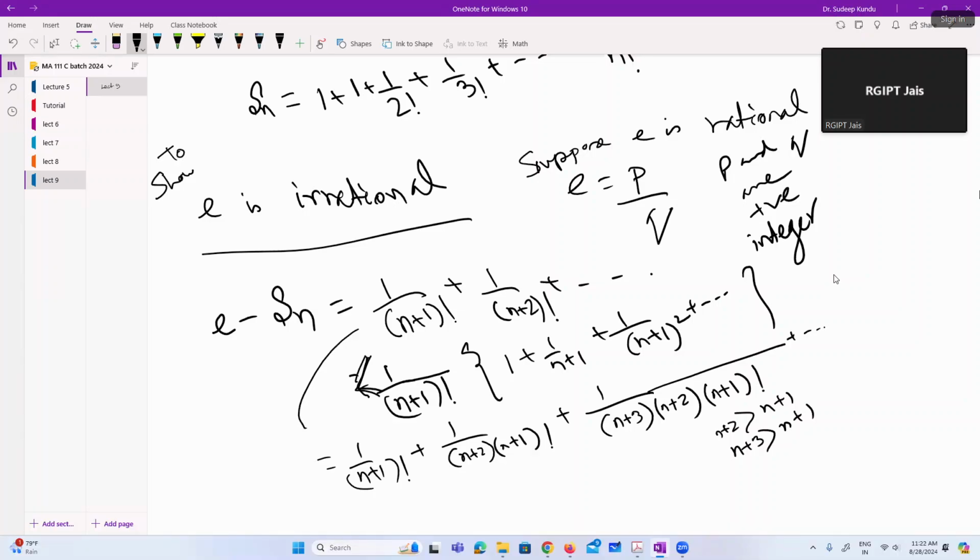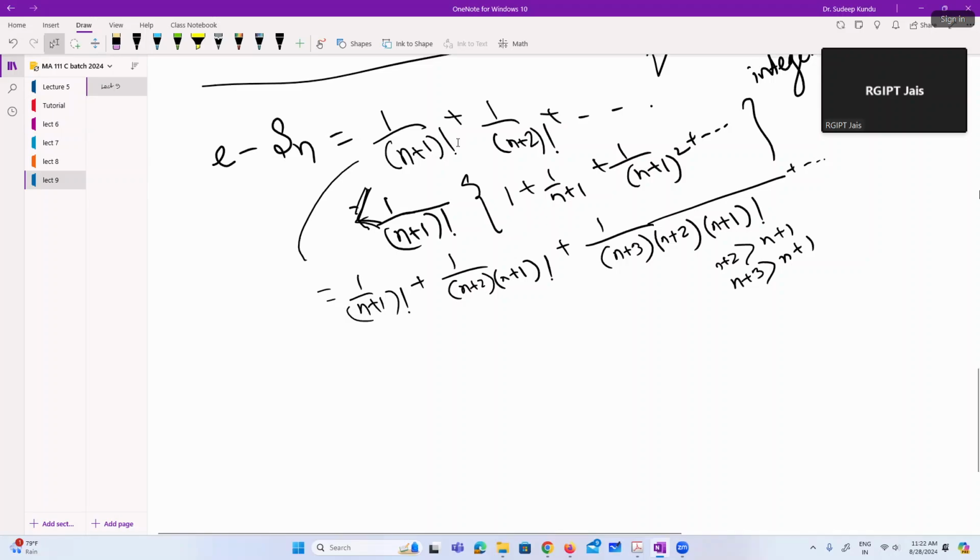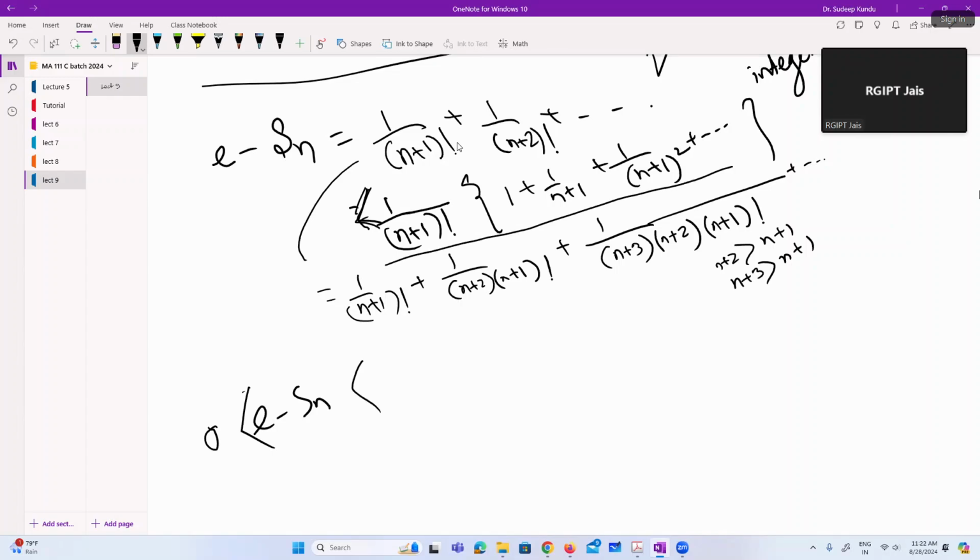Is it clear? So what will be the sum? E minus S_n will be, and this is already positive. So ultimately this will be less than what? This value will be 1 by (n plus 1) factorial into what value? This geometric series, what will you get?